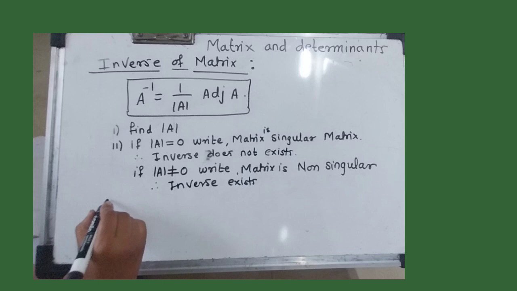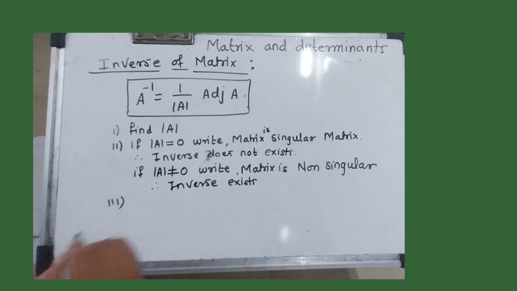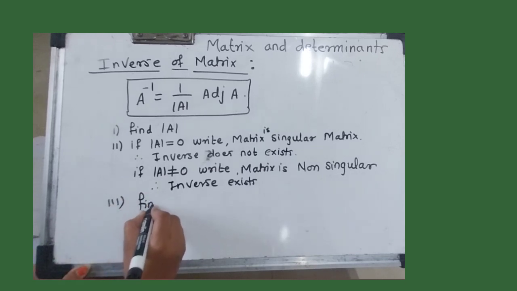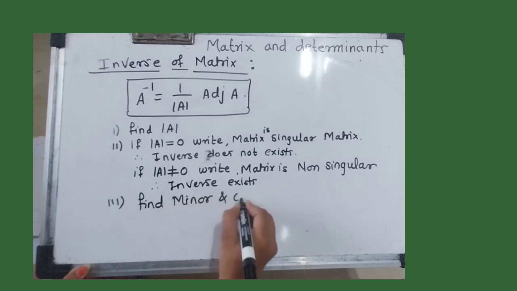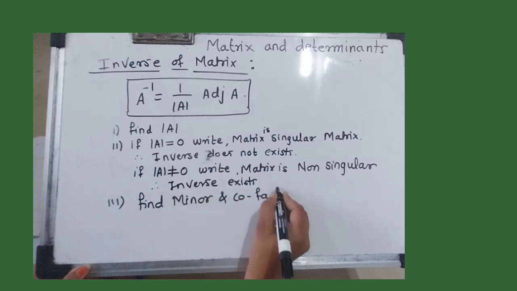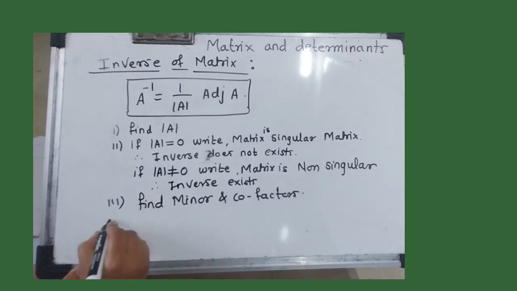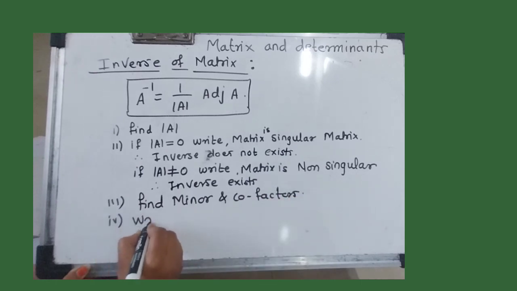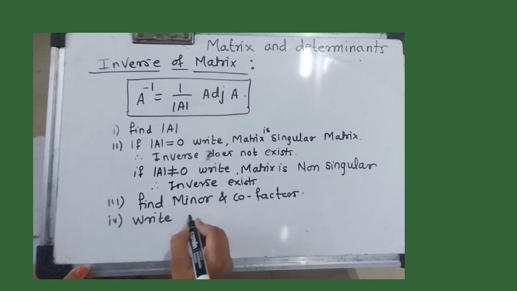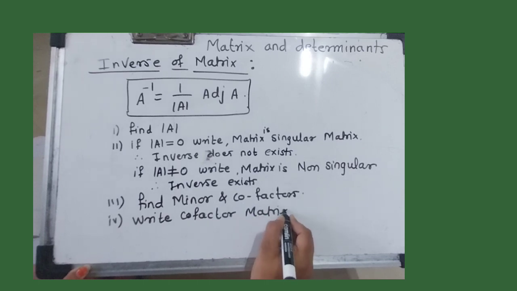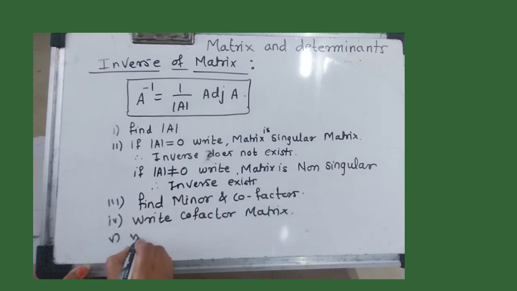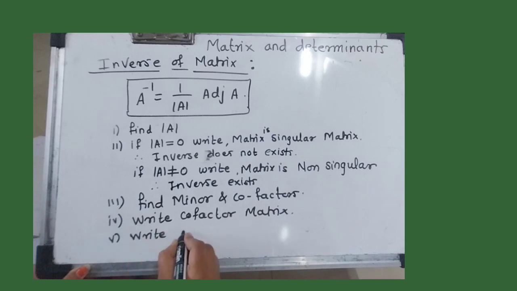Go to the third step. What is the third step? Find minors and cofactors. Fourth, write down the cofactor matrix. After that, write adjoint of A. How to write adjoint of A?